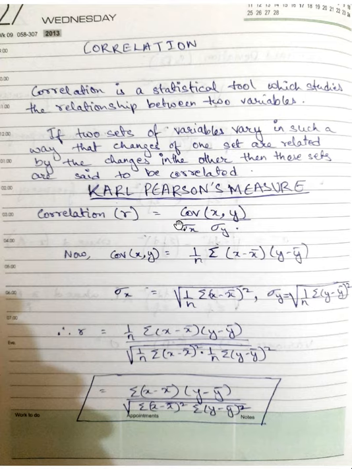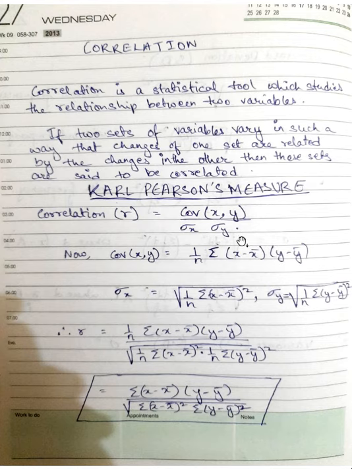So now covariance of x and y, I think this is the first time you are hearing the term covariance between x and y. It is given by the formula 1 by n summation x minus x bar into y minus y bar.